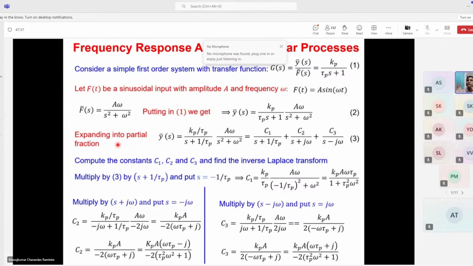So in the feedback control system, the controller will have its own parameters which the user has to specify, isn't it? The value of Kc, the value of tau I, the value of tau D: these are the parameters the user has to specify.